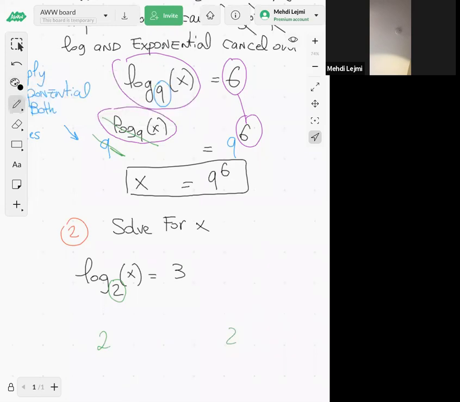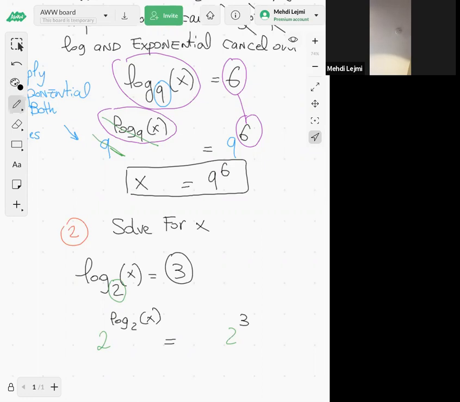Now, in the power, I'm going to put the equation. On the right side, I have power 3, because that's the right-hand side of my equation. The left-hand side of my equation is this log, so I'm going to put as a power log in base 2 of x.